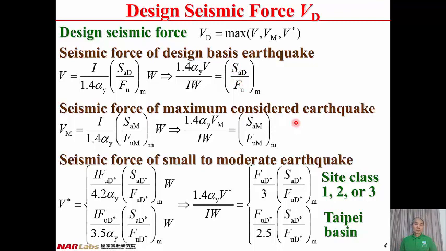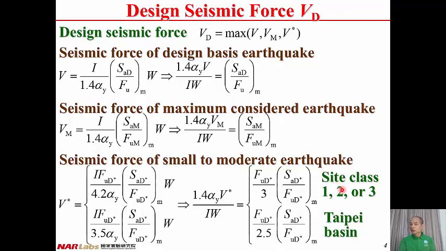Similar for maximum considered earthquake. After normalization, we have 1.4 alpha y VM divided by IW equal to SAM divided by FUM modification. And also for small to moderate earthquake, the seismic force can be normalized in this way.